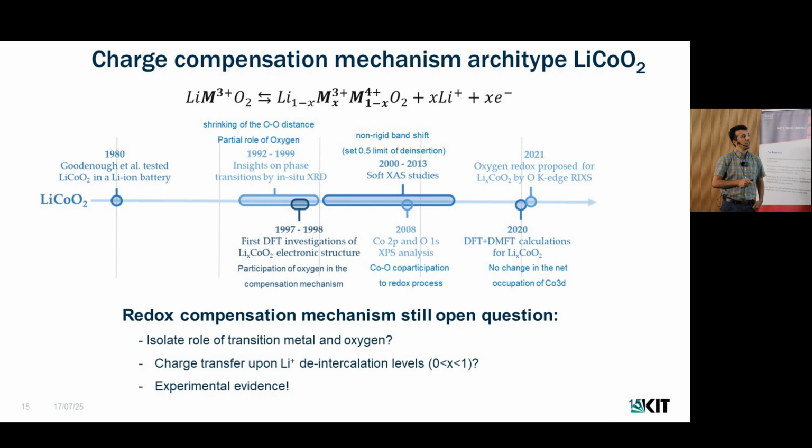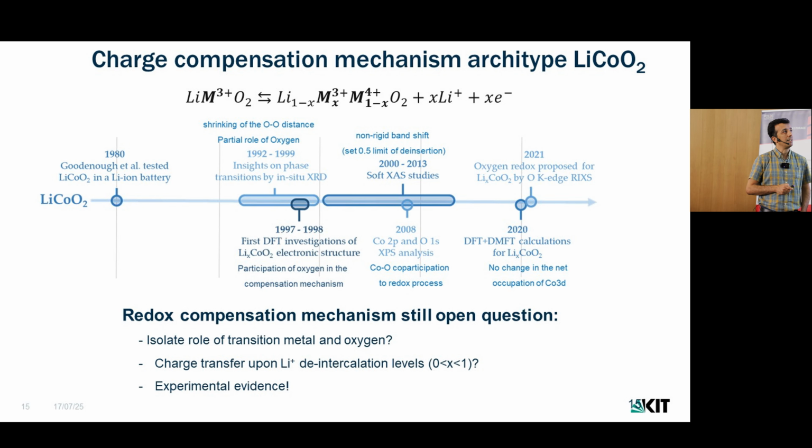By DFT calculation, from 97 to 98, we started to propose that there is a participation of oxygen in this redox process. With bulk characterization like XAS, we started to make the evidence that there is a co-participation of cobalt and oxygen in the redox process.